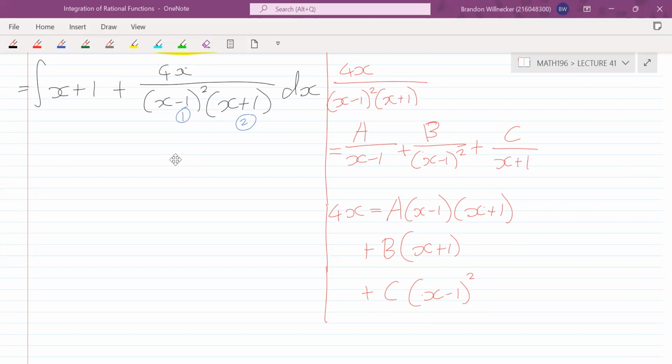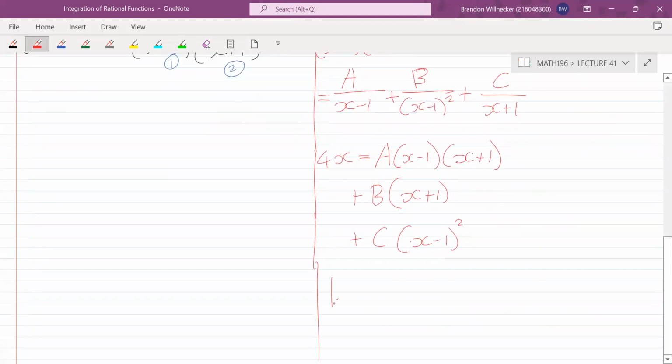So first, we can let x be 1, because in that case, the a term is going to vanish and the c term is going to vanish. So if we let x be equal to 1, we're going to get 4 is equal to, the a term vanishes, we get 2b, and then the c term vanishes. Okay, so this gives us b is equal to 2.